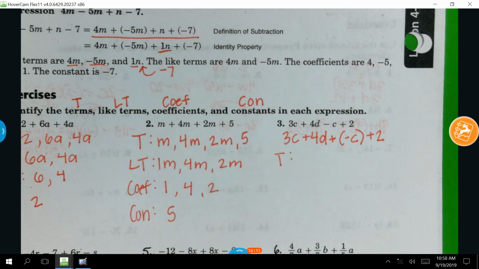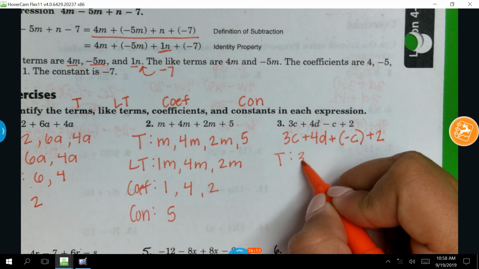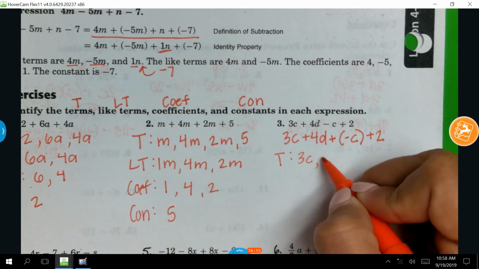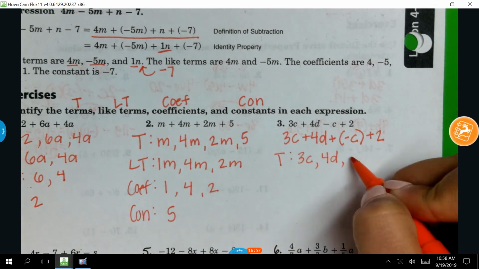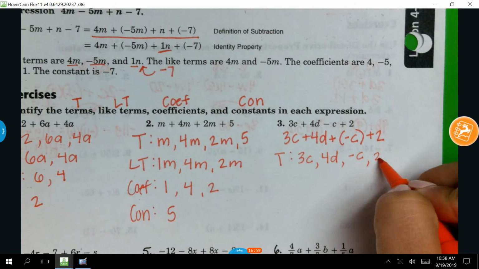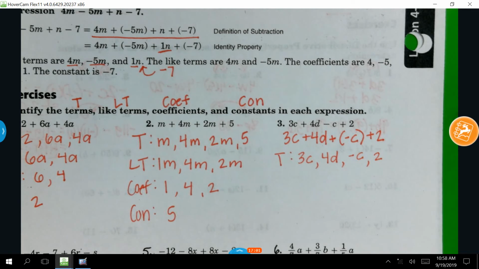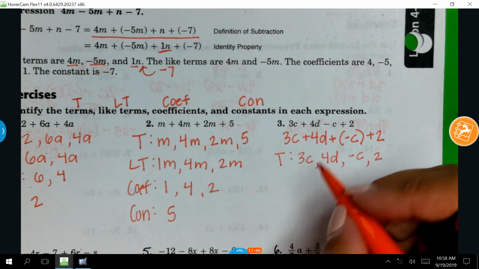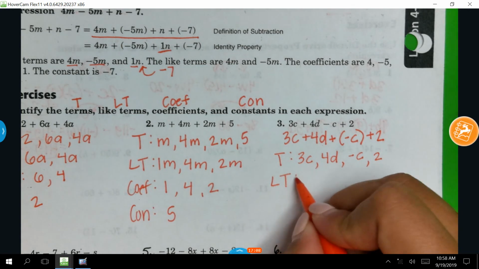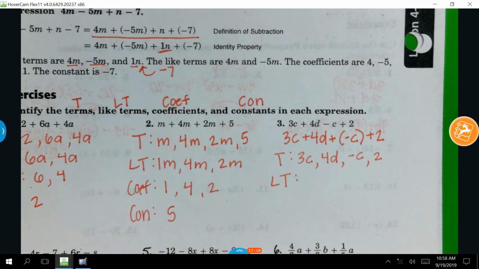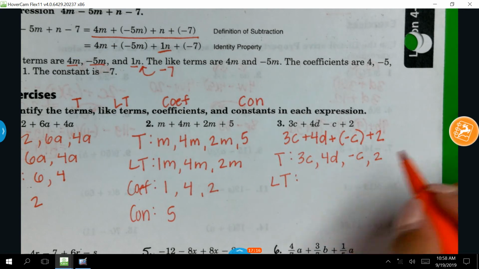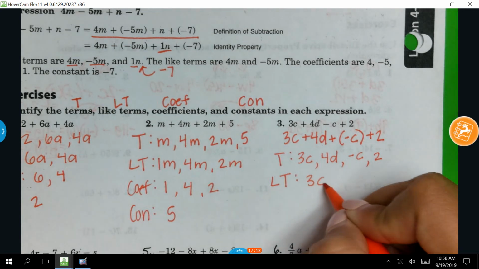So now my terms should be 3C, 4D, negative C, and 2. What about my like terms? Caleb? 3C and negative 1C. Good.